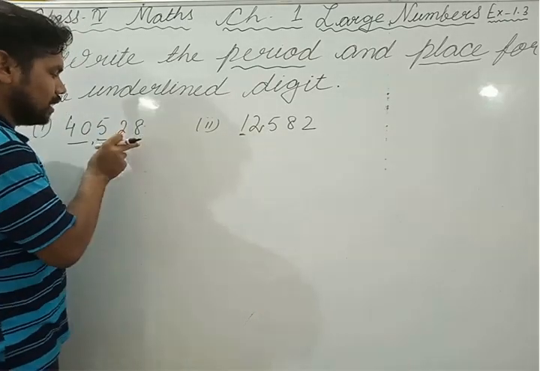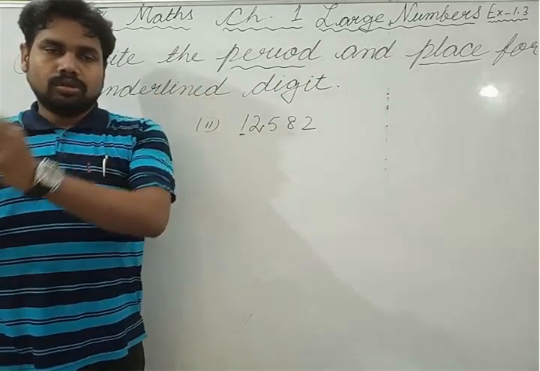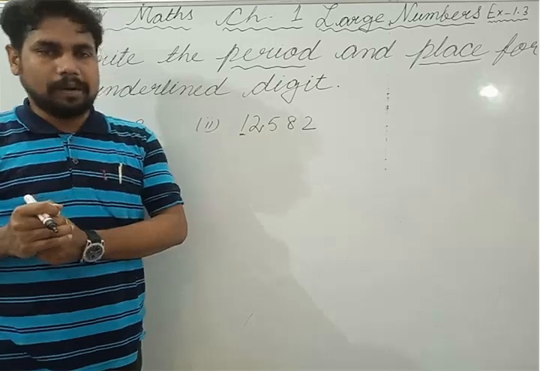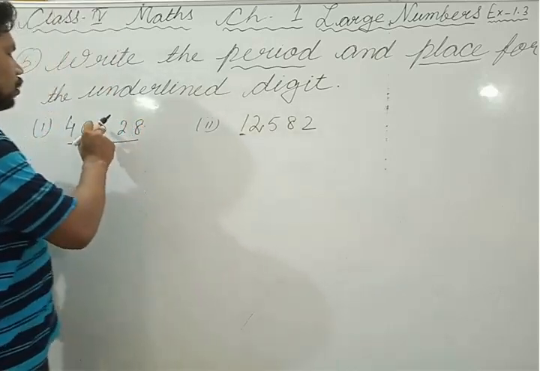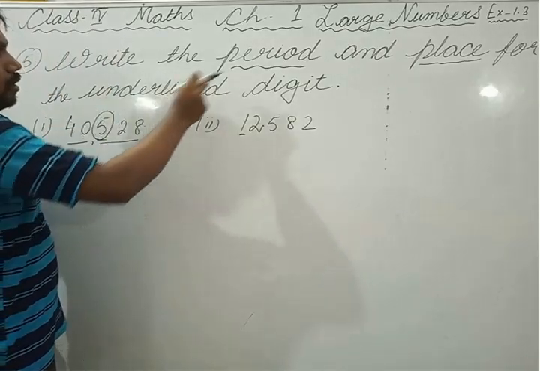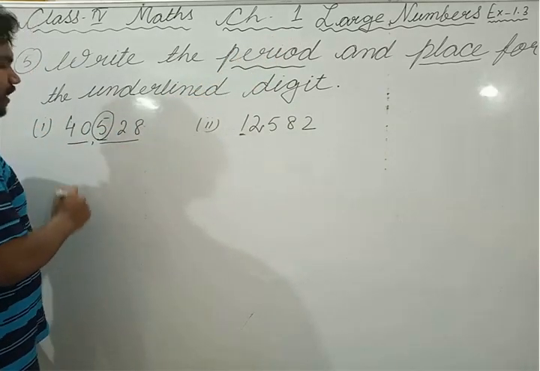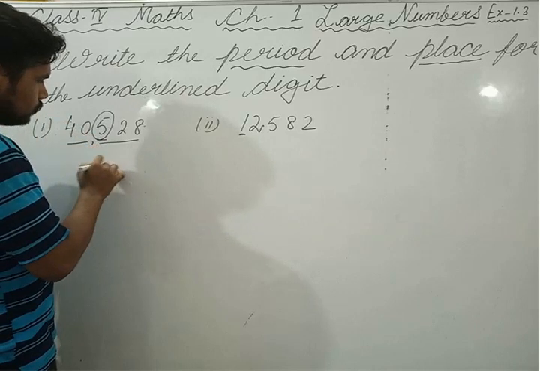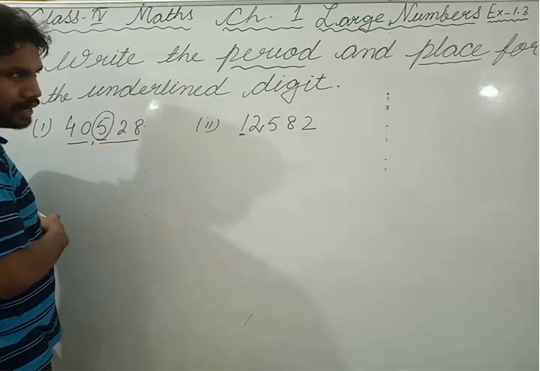Periods go in groups of 3, 2, 2, 2 and so on, but place is the place of the particular digit only. So if I am talking about the period and place of 5, the period will be ones period and the place will be hundreds.